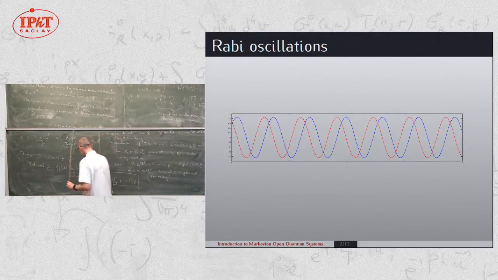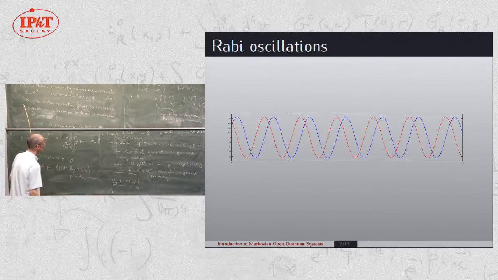And now imagine that you start to make measurements. Let us choose a certain number K. You do a certain number of unitary evolutions, and then you measure.